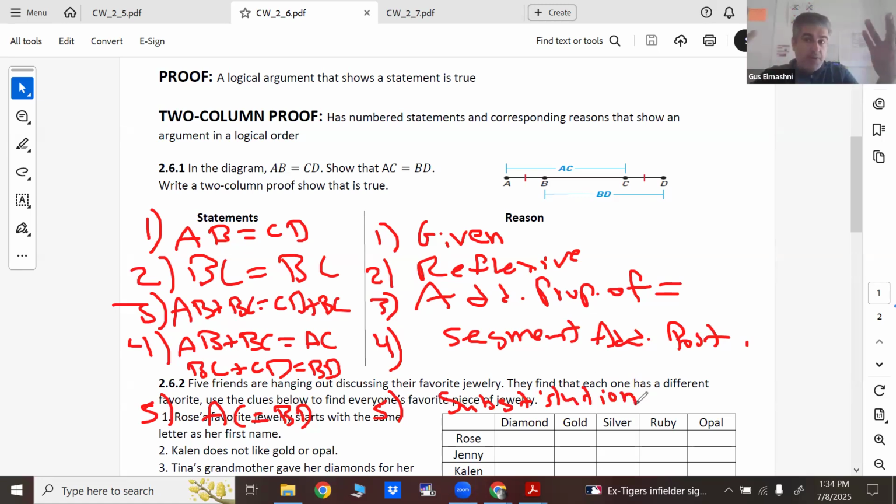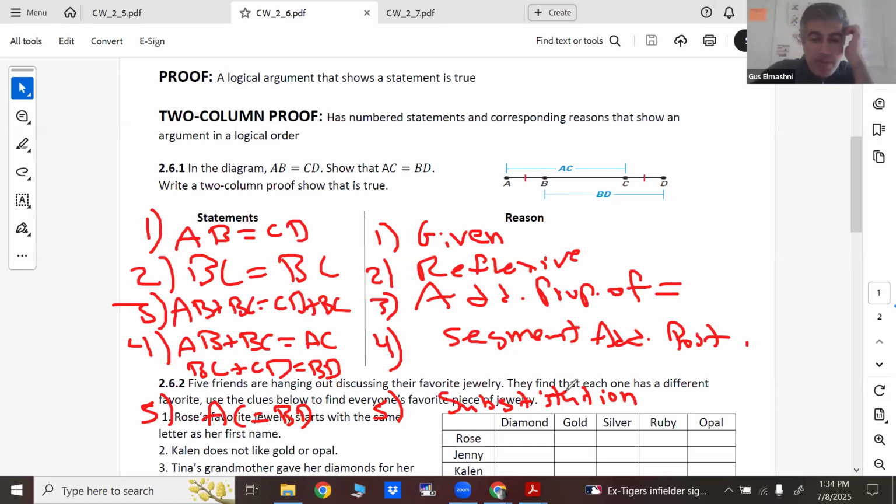So that right there is your first proof. These can be a little tricky at times. They can be a little confusing, but that's how we approach these kind of situations.